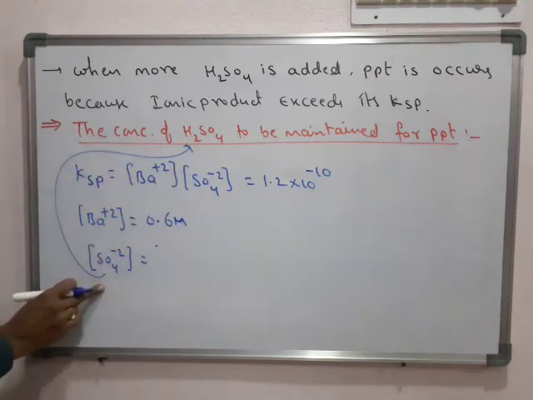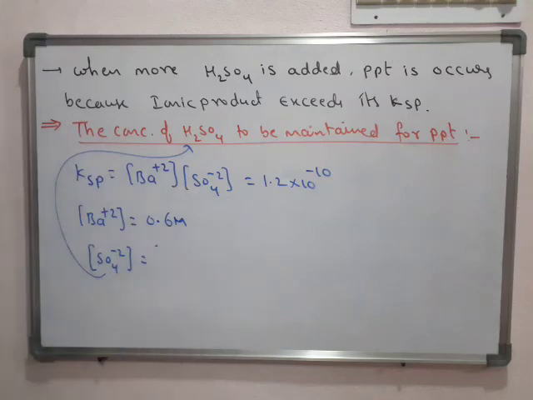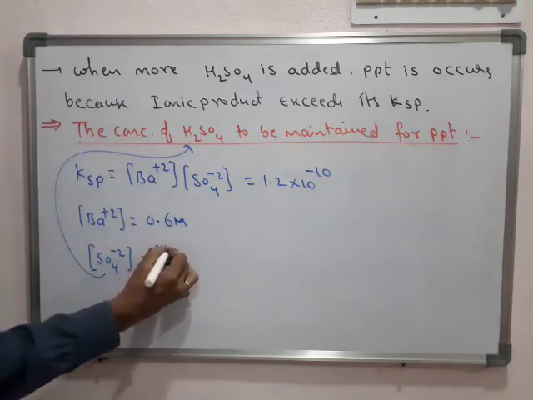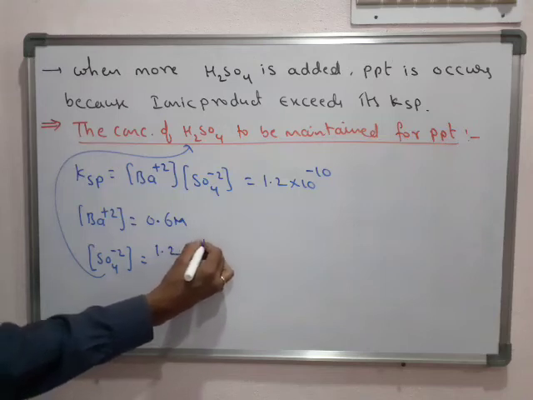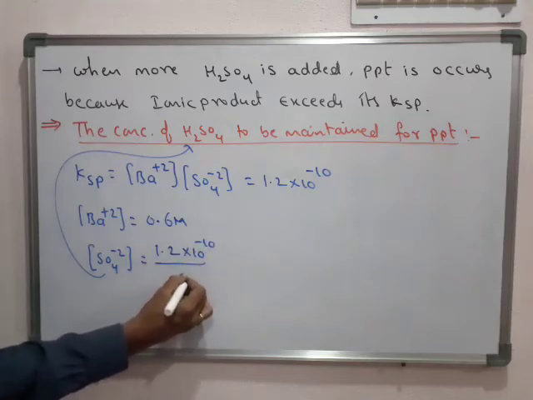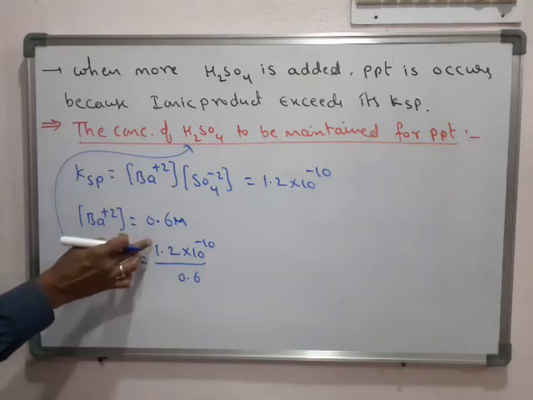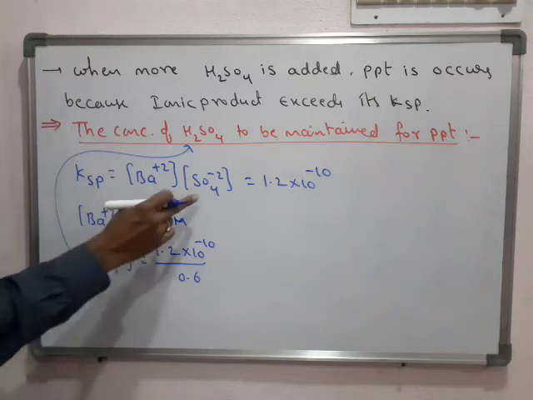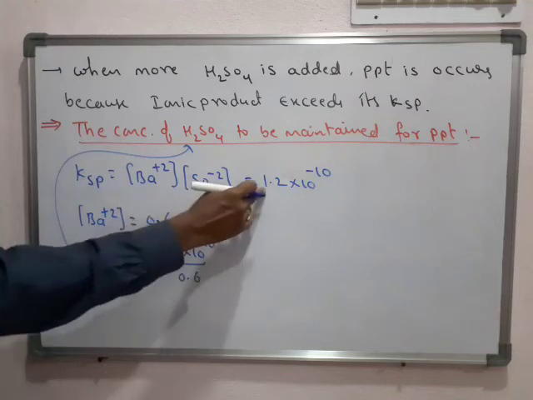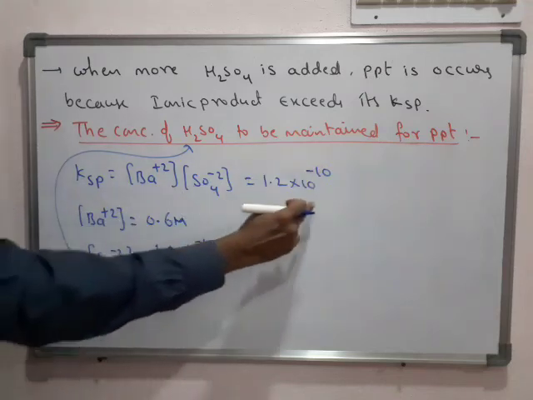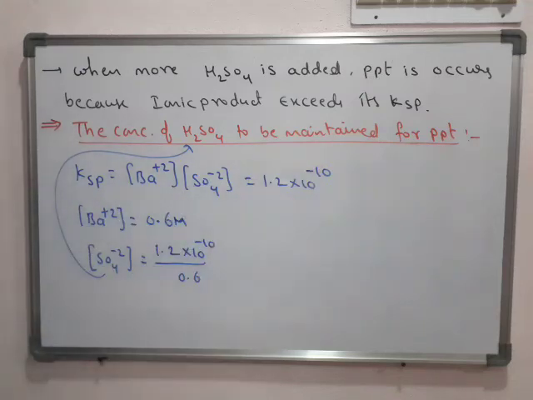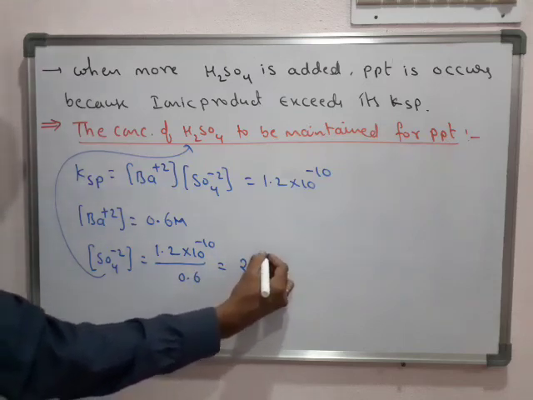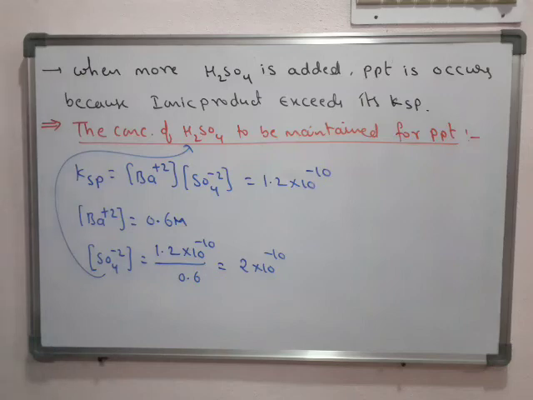So ఎంత sulfate ఉంటే that will be equal to the 1.2 into 10 power minus 10. So that can be taken as simply 1.2 into 10 power minus 10 by 0.6. ఎందుకంటే ఆల్రెడీ మనకి బేరియం ప్లస్ 2 0.6 ఉంది. Sulfate concentration find out is simple, 1.2 into 10 power minus 10 by barium plus 2 concentration. So here we get 2 into 10 to the power of minus 10.